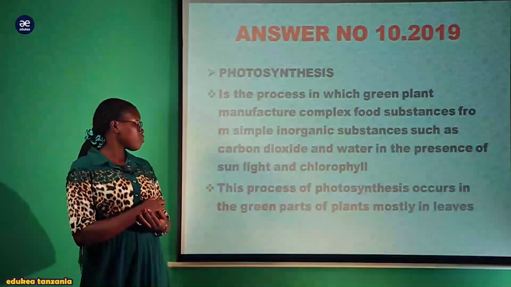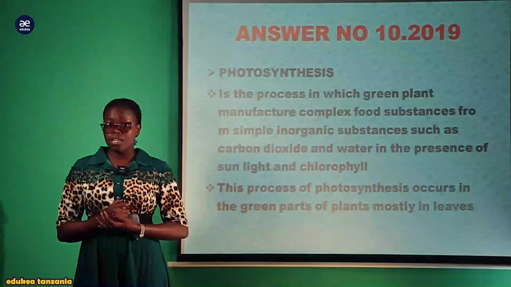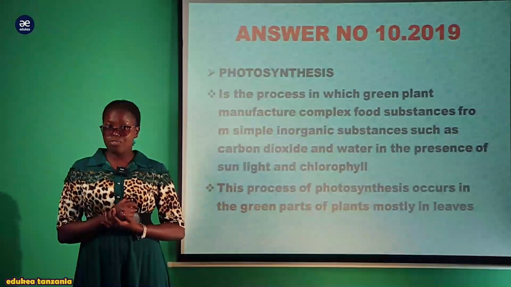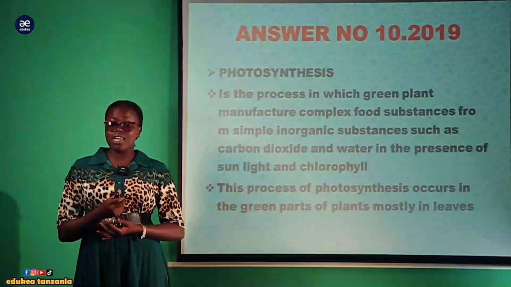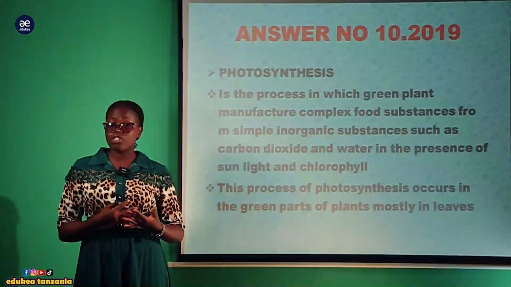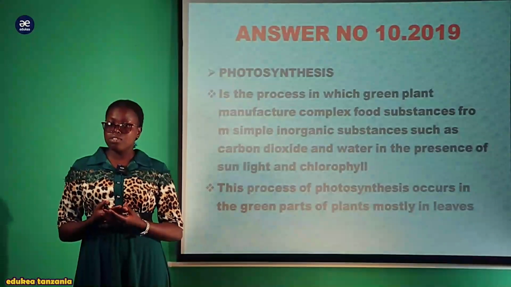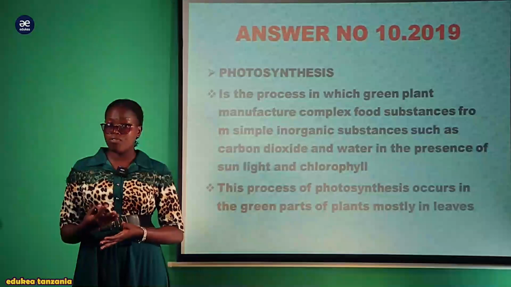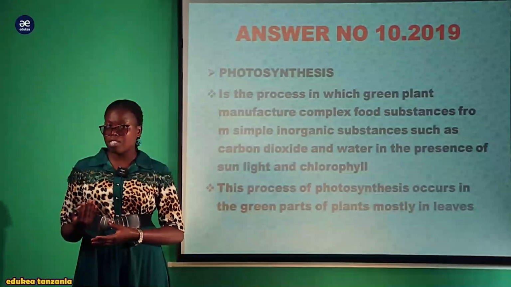So, in the topic of nutrition, you see that there is autotroph and heterotroph. Autotrophs are the organisms which are capable of manufacturing their own food. Examples of these organisms are green plants and algae.